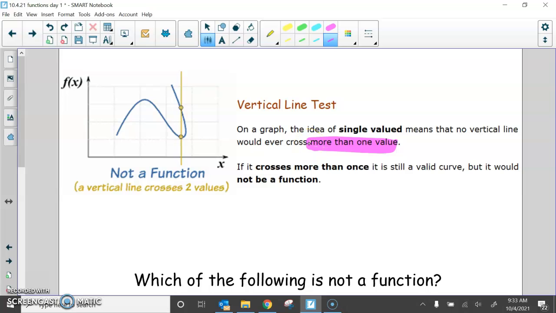If it does not cross more than one value, then it's a function. If it crosses more than once, then it is not a function. So notice how in this example on the left side, they drew this vertical line and it crosses not only here, but also there. So that is not a function.